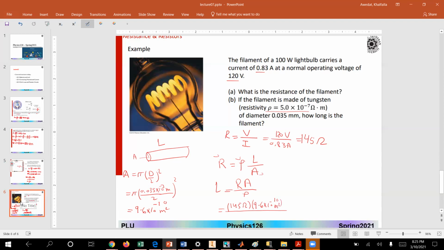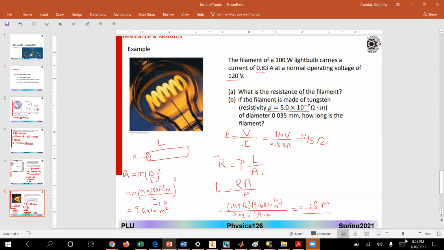I have the resistivity here, 5 times 10 to the minus 7 ohm-meters. So I end up here with meter squared canceling with the meters, ohms canceling with the ohms. We end up with the value 0.28 meter. That's the length requirement for this problem.